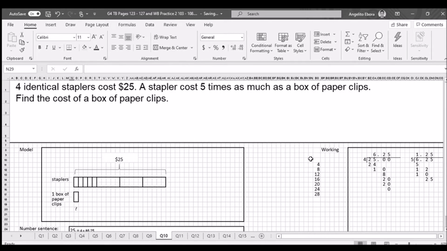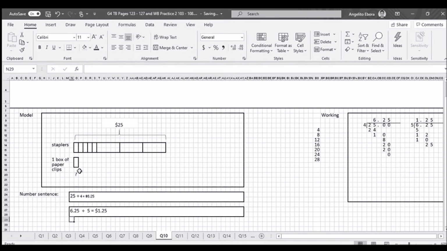$1.25. Okay? So 4 identical staplers cost $25. So 1, 2, 3, 4. A stapler costs 5 times, so 1, 2, 3, 4, 5, as much as a box of paper clips. So the first step, 25 divided by 4 staplers.